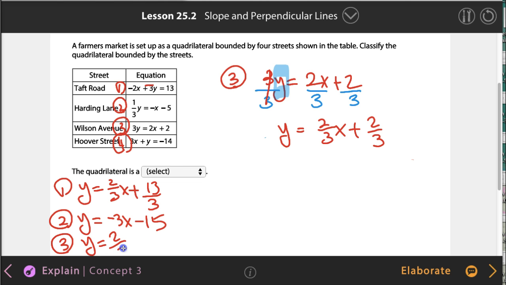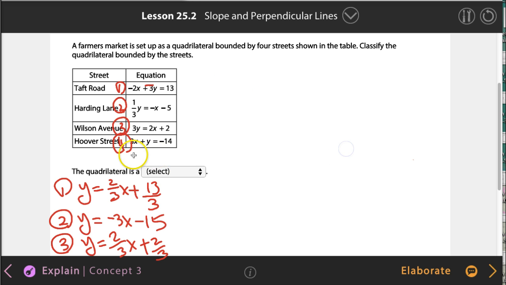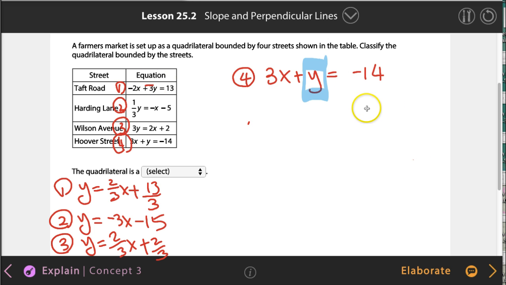Let me write that down, and now I'm ready for the fourth equation right here. There you go. So 3x plus y equals negative 14. Again, leave the y by itself. This one's way easier than the first one, huh? Because there's nothing next to the y.